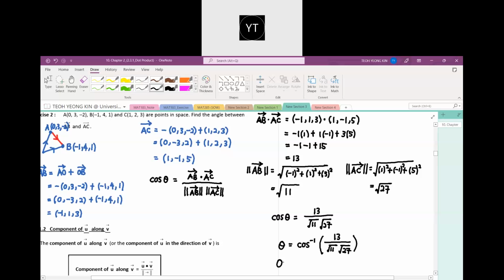By using your calculator, 13 divided by square root of 11 times square root of 27, then shift cos, and the answer is 41.03 degrees. So here is our answer for this exercise.